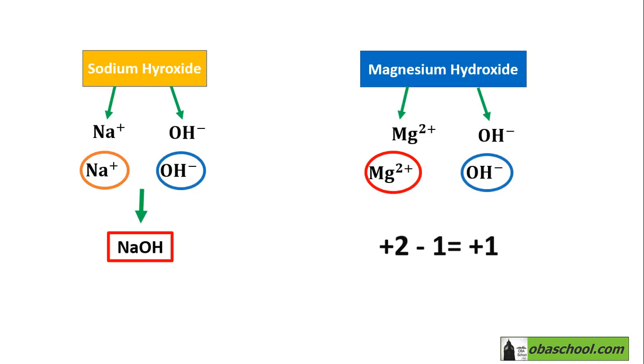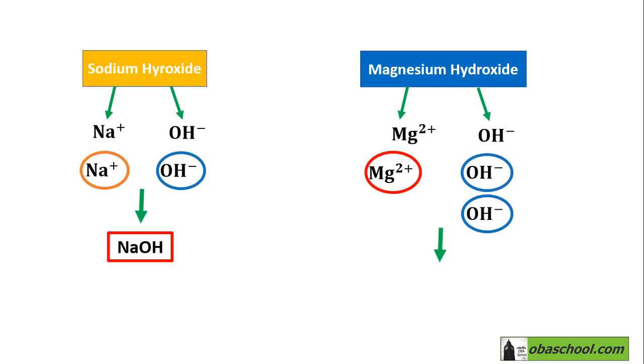Plus 2 minus 1 will give us plus 1. We need one more OH- ion in order to cancel the plus 2 charge carried by the magnesium ion. So we add one more OH-. Now the two OH- ions will cancel out the plus 2 charge carried by the Mg ion.